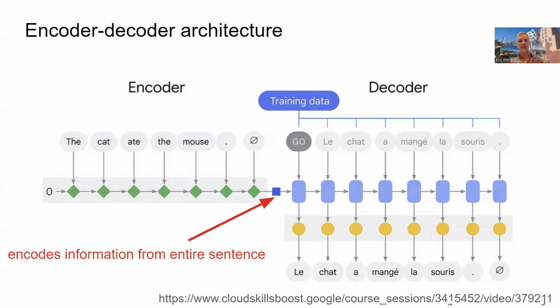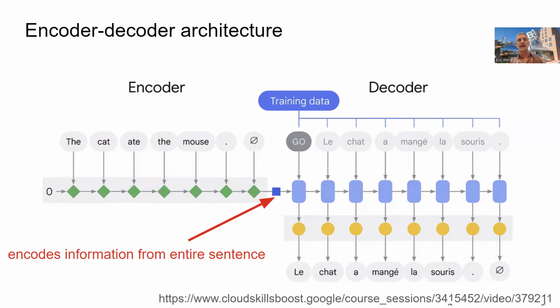For this particular sentence, a very simple sentence, the cat ate the mouse, we can probably get a pretty good translation of that. But as the text gets more complex and longer, we end up with this problem where we're calling exactly the same network over and over and over for every word in our sequence.